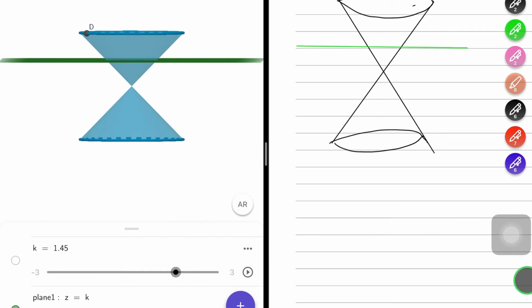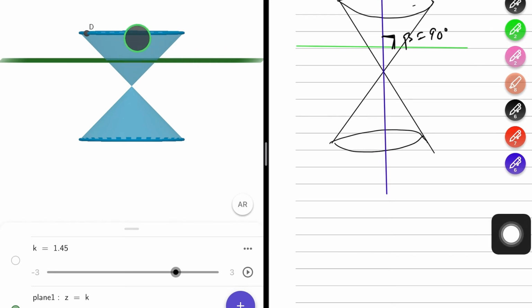This is the axis of the cone. So we observe here that the plane is perpendicular to the axis of the cone, that is, beta is equal to 90 degrees.